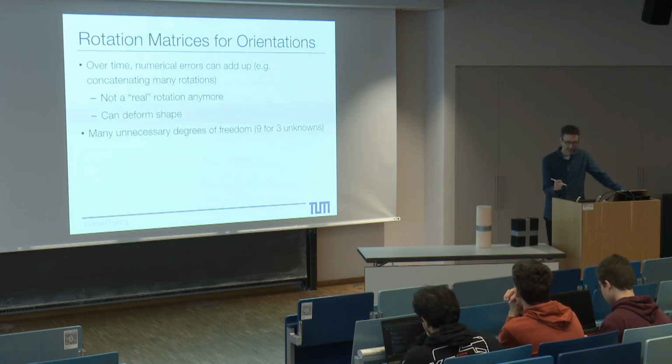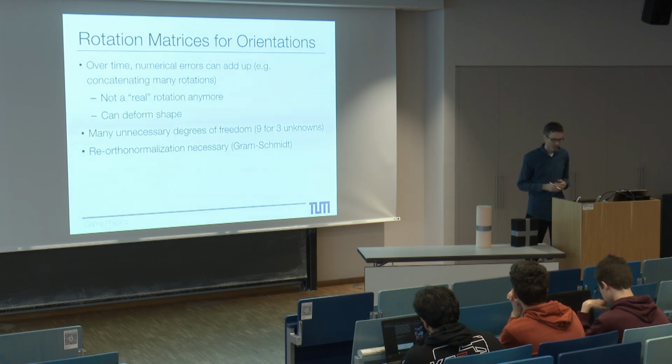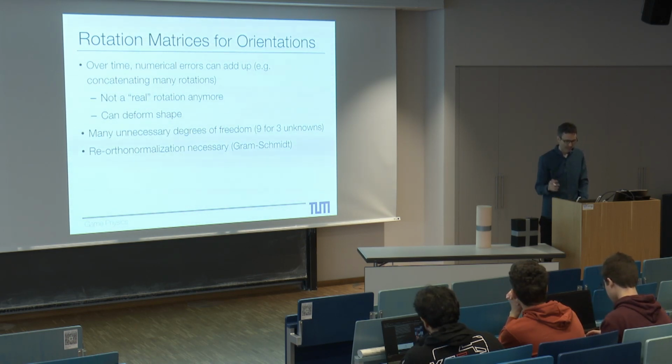And in a way, it's wasteful. We have those 3 angles that we know should be enough. Suddenly we have 9 values, so it's not so nice. You can actually, to some extent, fix this by a reorthonormalization, kind of like a Gram-Schmidt process. But yeah, it actually is not the best or not the most elegant approach to do this.